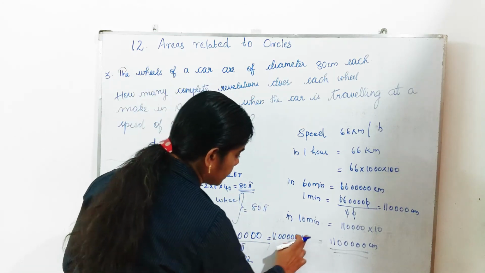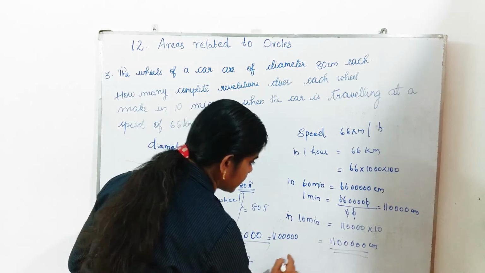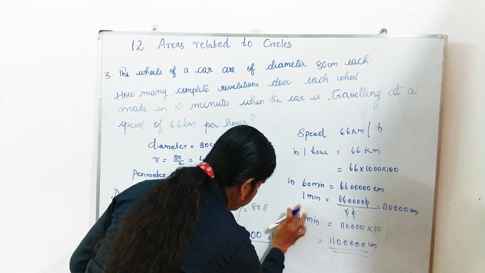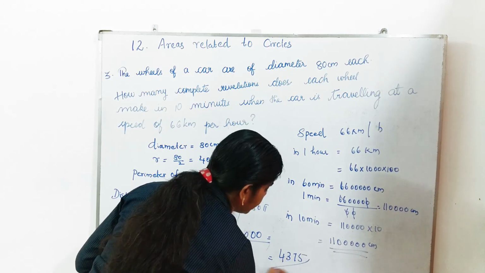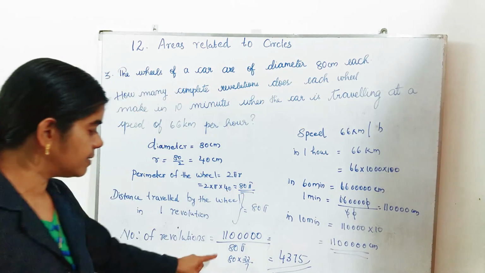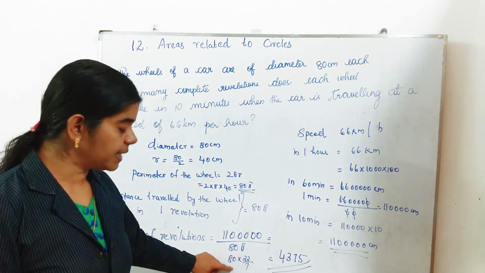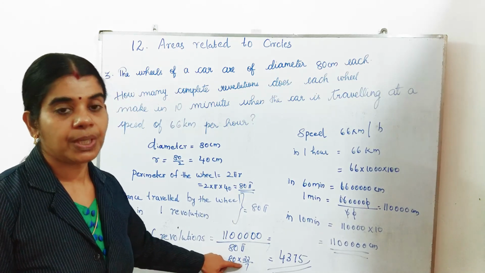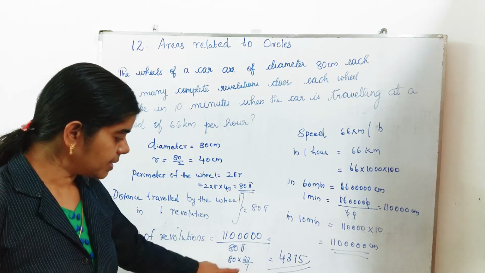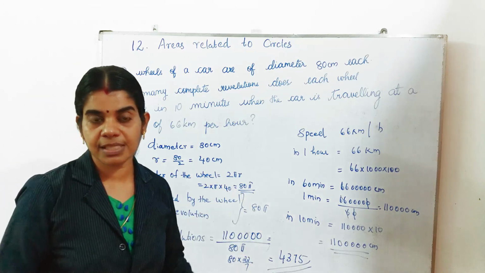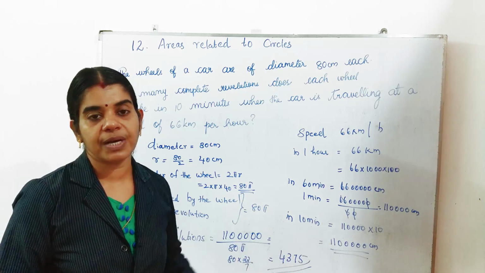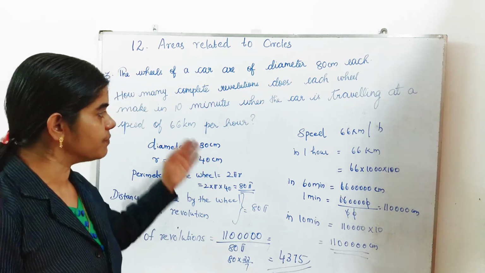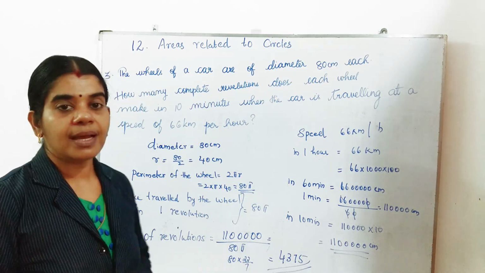Then you are dividing, you will get the answer, 4375 revolutions it will make. This divided by 80 pi, that we will take 80 into 22 by 7. That 7 will take reciprocal, and if you are doing the calculation you will get 4375 revolutions will be made by that wheel in 10 minutes.